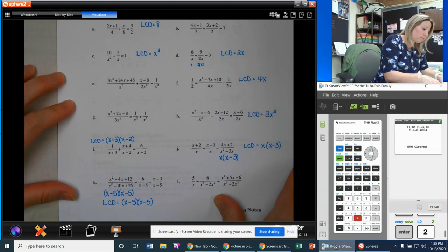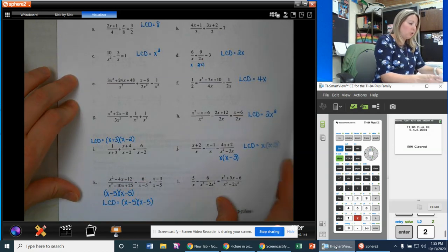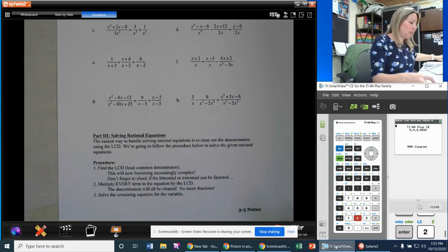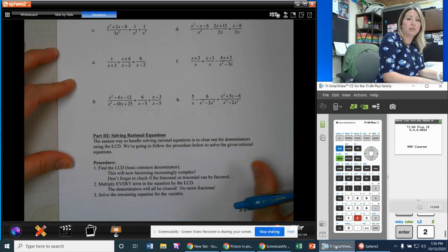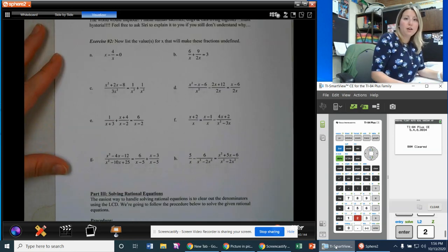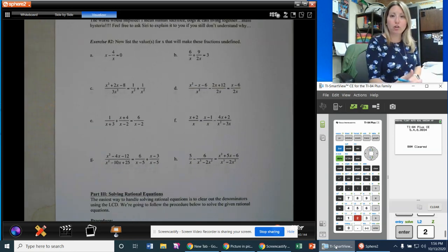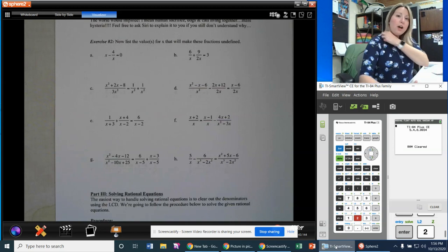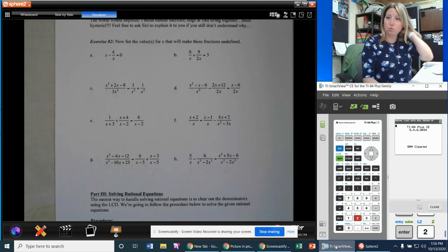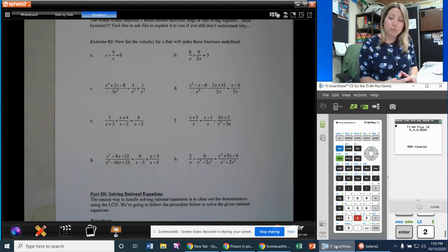The second piece is once you have found LCDs, now we need to list any values for x that make the fraction undefined. So if you've got a variable in a denominator, you have to identify what that variable is not allowed to be, because you can't have 0 in a denominator. Now, it's nice and simple.